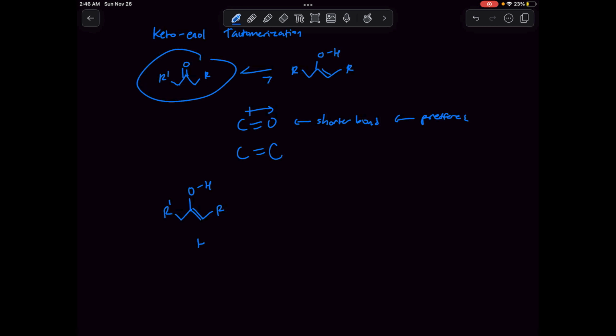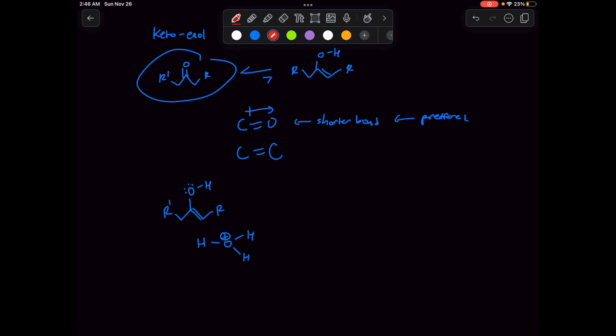And so we have a hydronium ion here. And we have these lone pair electrons from the oxygen. So let's say that we want to stabilize this hydronium ion by converting it to water.